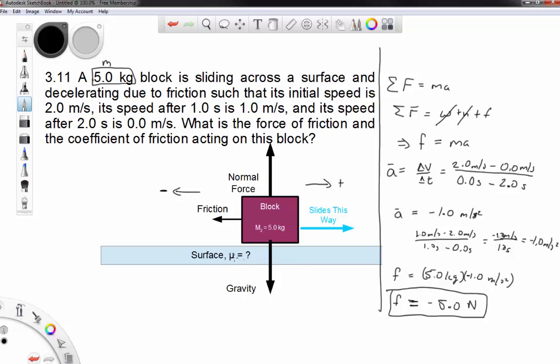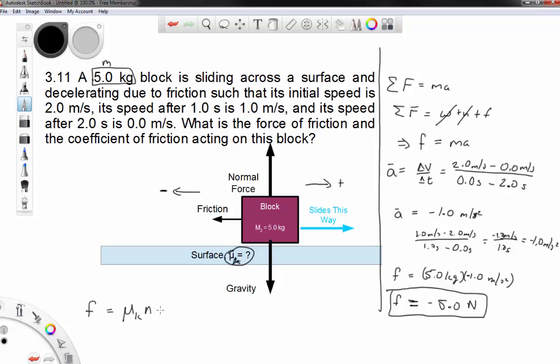In any case, now we want to figure out what this coefficient of friction is. Again, it's probably going to be a coefficient of kinetic friction. And one way of doing that is by recalling that the magnitude of the force of friction is the coefficient of friction times the normal force.